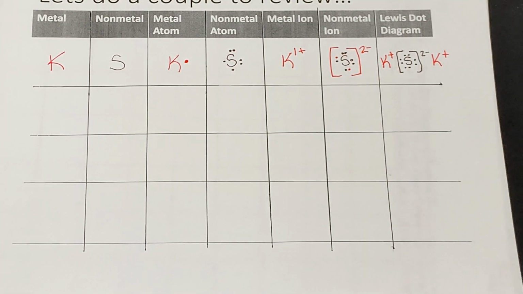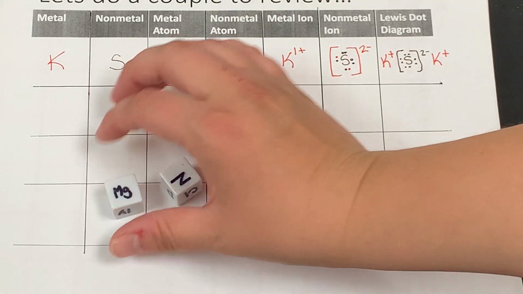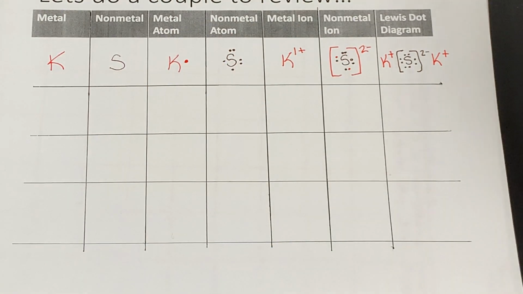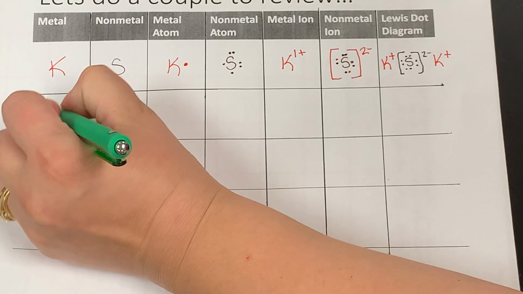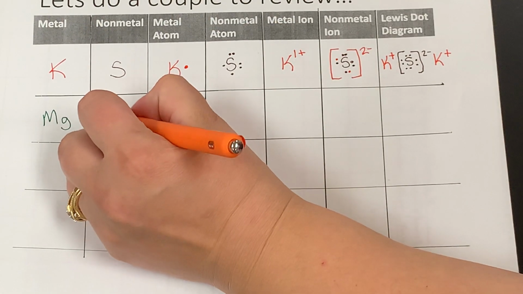All right, let's do another one. So this time we rolled Mg and N, that's magnesium and nitrogen. So magnesium is our metal, nitrogen is our non-metal.